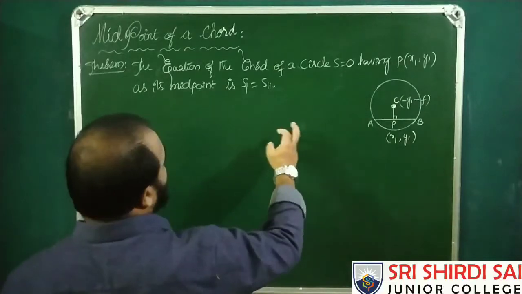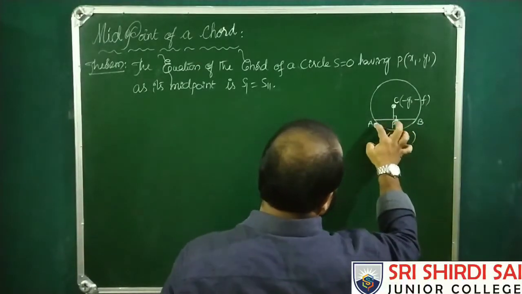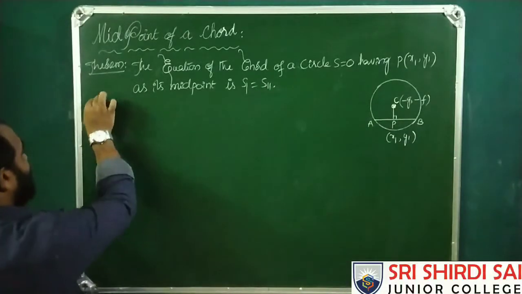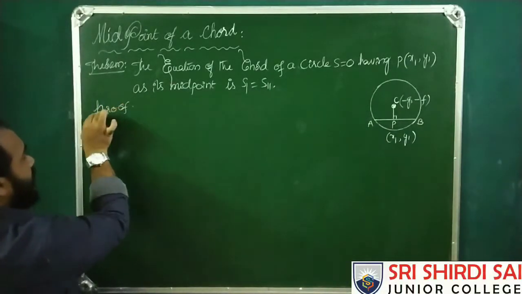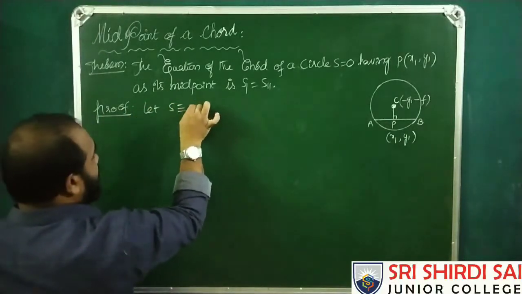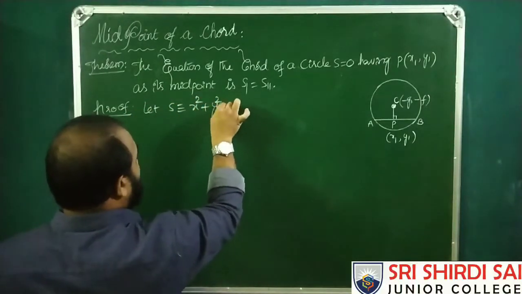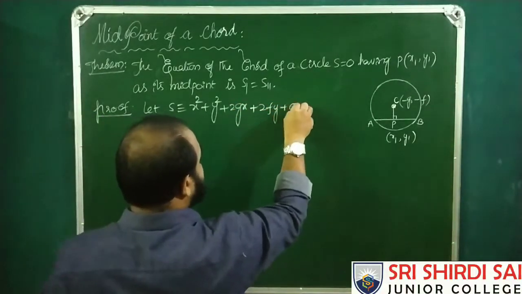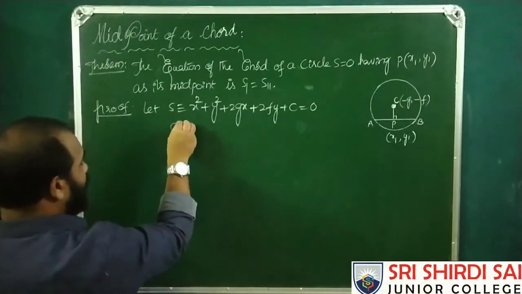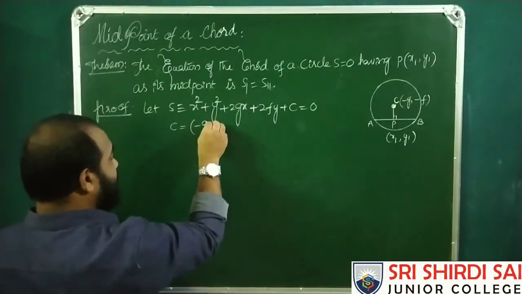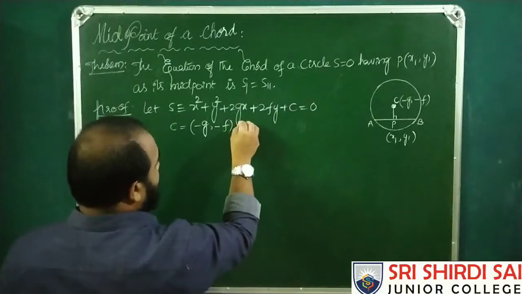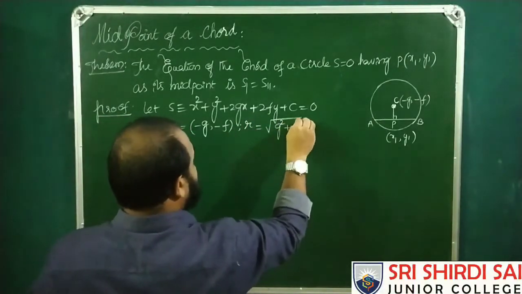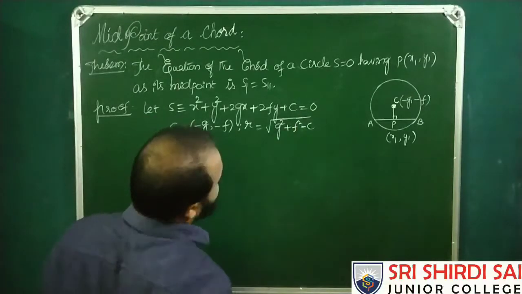Then the equation of this chord AB is S1 equals S11. The proof of this: let the circle S be x square plus y square plus 2gx plus 2fy plus c equals 0. Then the center is C equals (minus g, minus f), and the radius is square root of g square plus f square minus c.